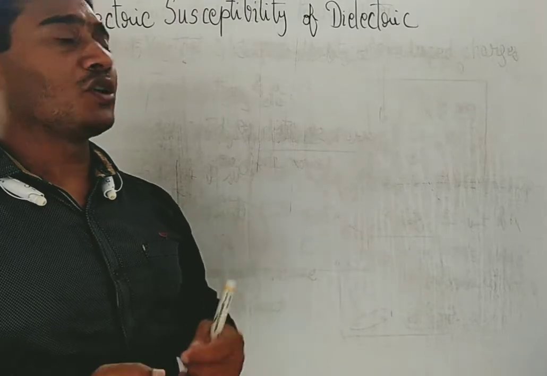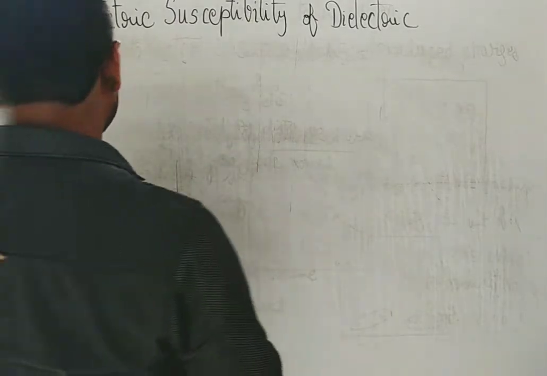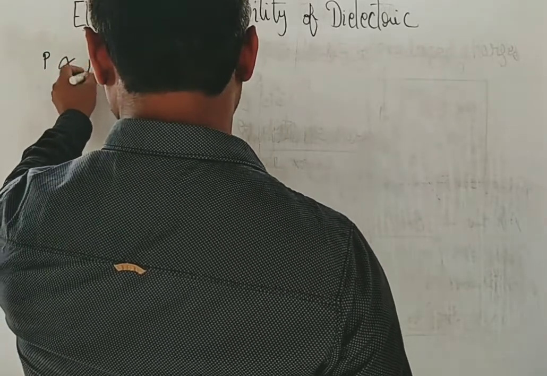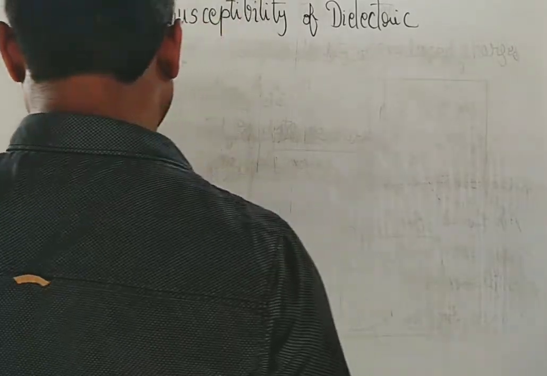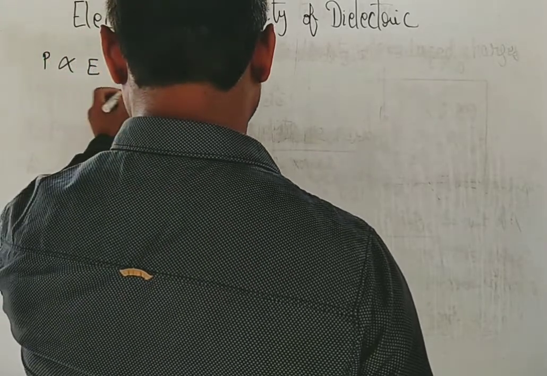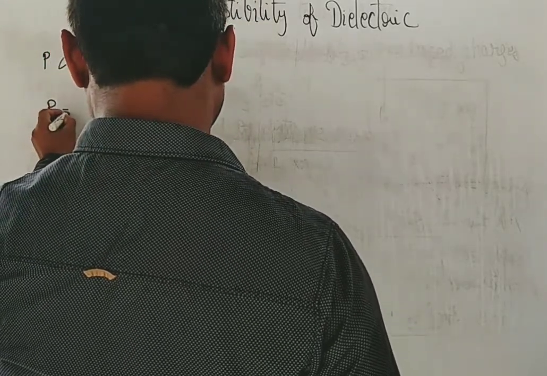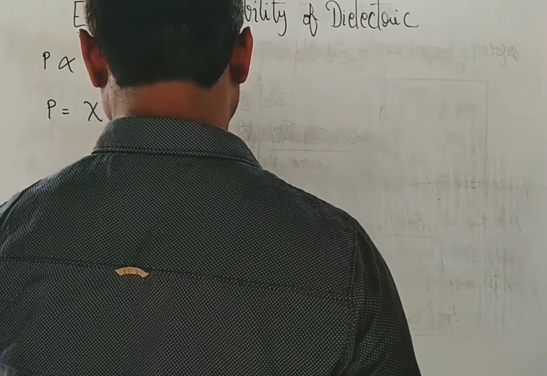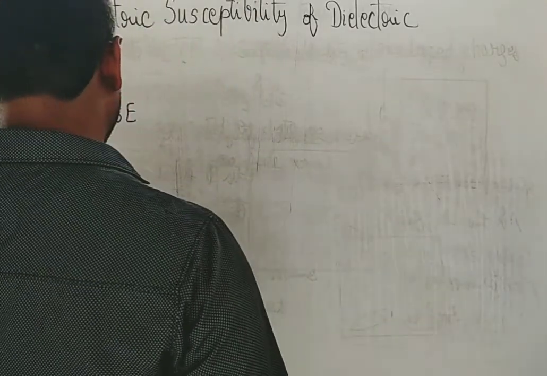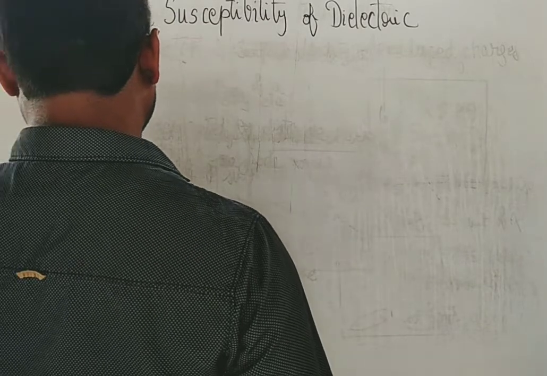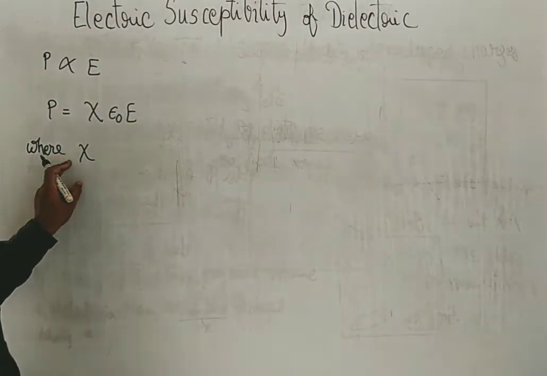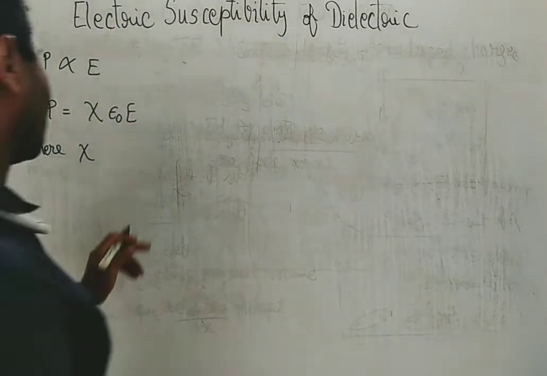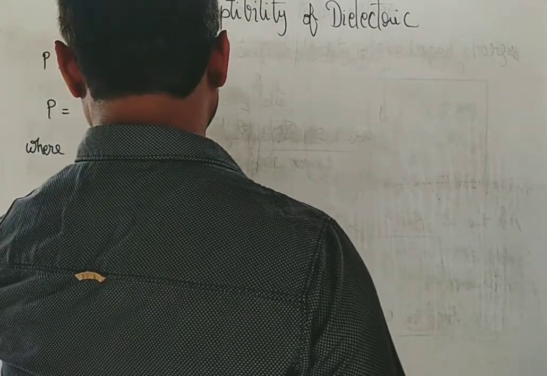So this way we can see the polarization is proportional to the external applied electric field, or we can write P equals chi epsilon naught into E, where this chi is the constant of proportionality and it is the electric susceptibility of the dielectric.